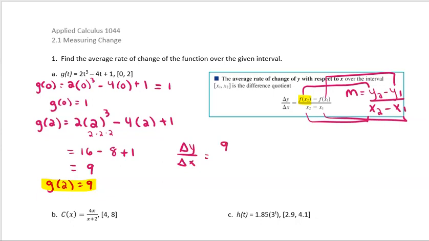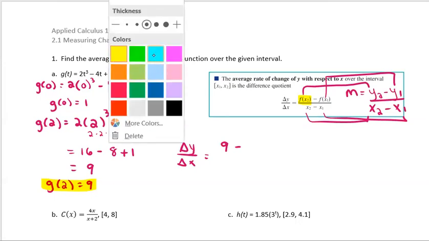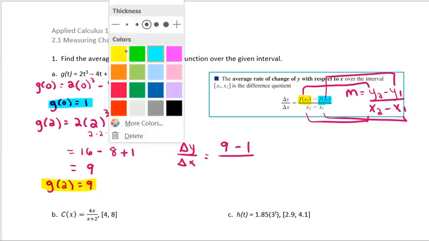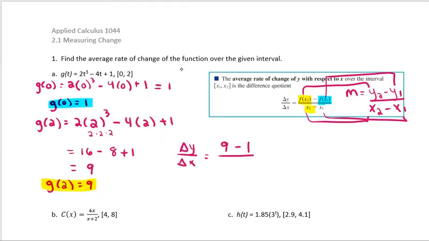So that is our 9, minus our function evaluated at our first x, and that's going to be 1. All over, we have our x2, so that's going to be our 2. And then we have our x1, and that's going to be our 0.